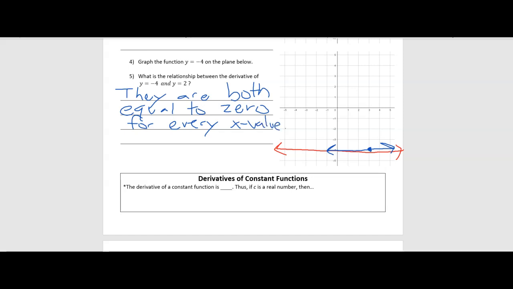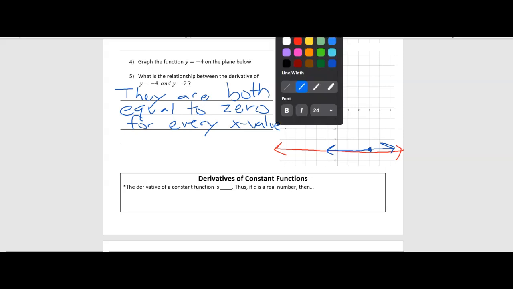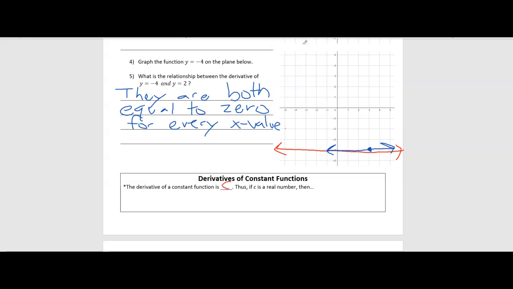Okay, so we could keep going and we could look at hundreds of different constant functions, and we would see that they're all going to be horizontal, which means that the tangent lines are all going to be horizontal. So the derivative of a constant function is always equal to 0. Thus, if c is a real number, and let's say f of x equals c, and this is what we had for our two functions above.